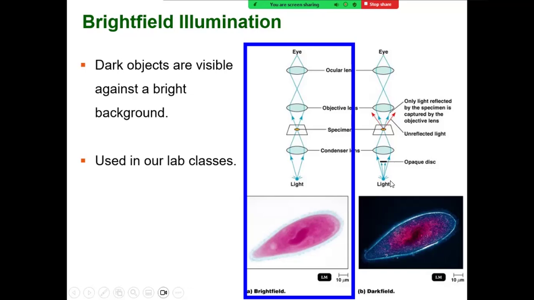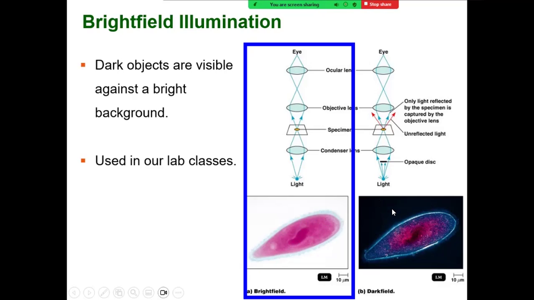Any question about that? That is why it's called dark field illumination, because the background of the slide is dark. It's receiving no light, because the light coming from the lamp is blocked by the opaque disc, and the light that is hitting the slide is at such a steep angle that it is not being captured by the objective lens. The specimen is also darker than the specimen under bright field illumination, because it's receiving less light.